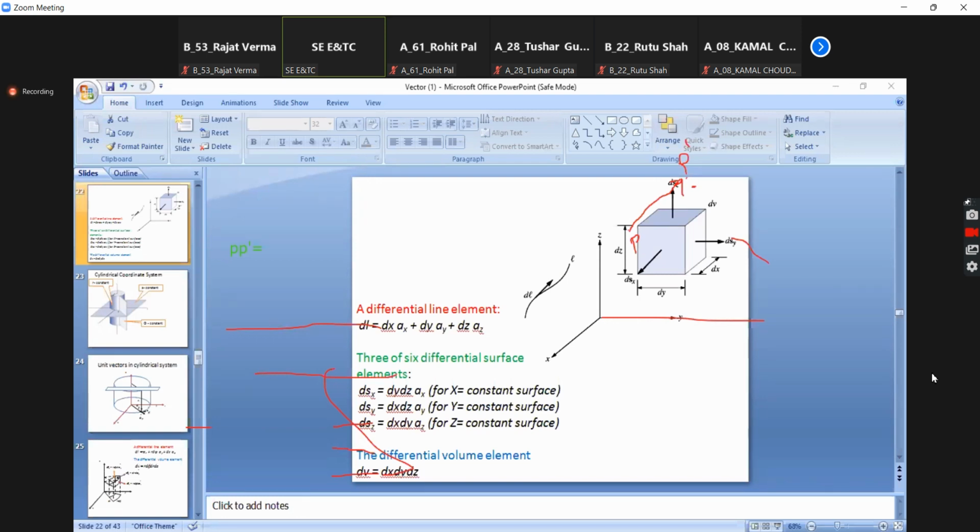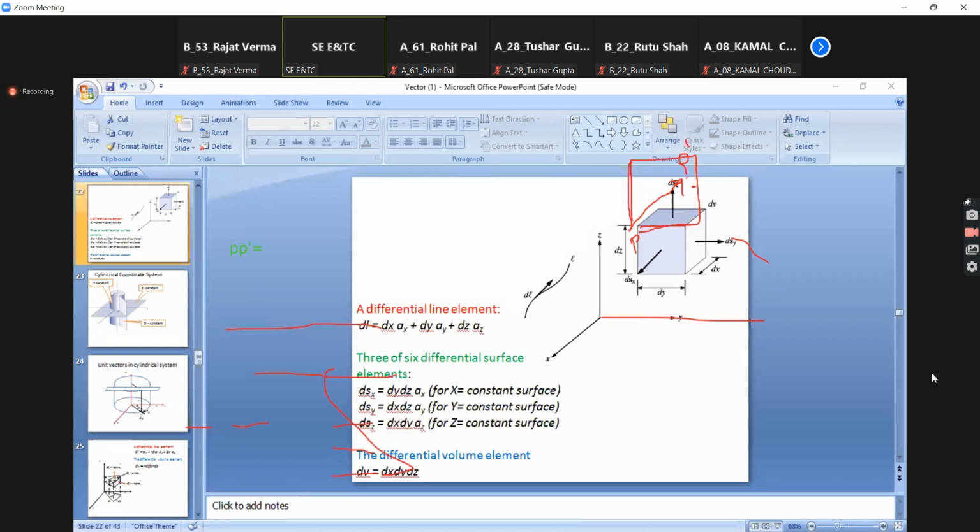So for this differential surface area, the magnitude is going to be dy dz, because this is the x is equal to constant surface. So this is the surface I am referring to. It has a length and breadth of dy and dz.